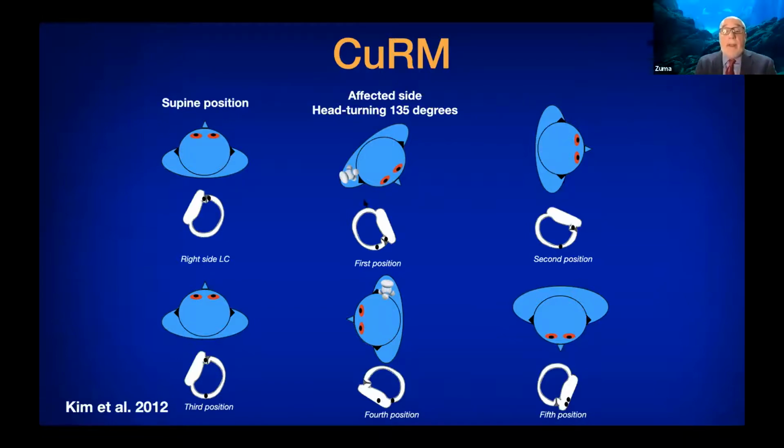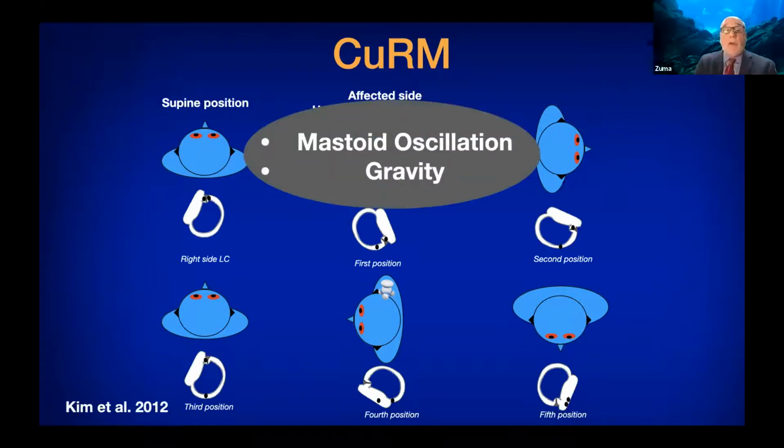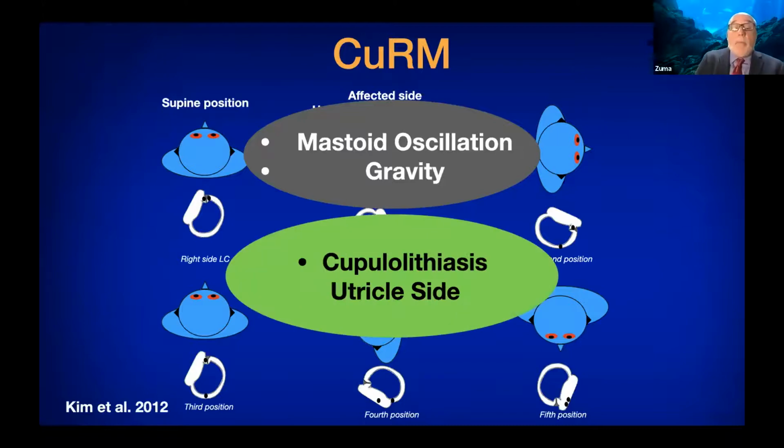Fourth position, and in the first position they use vibration in order to detach some particles attached to the cupula. And finally, the fifth position, the prone position. That's an interesting maneuver. They use mastoid oscillation and gravity, and cupulolithiasis on the utricular side can be solved, according to this author.